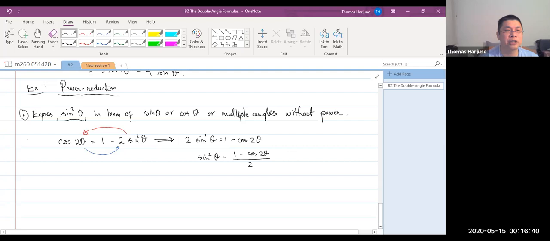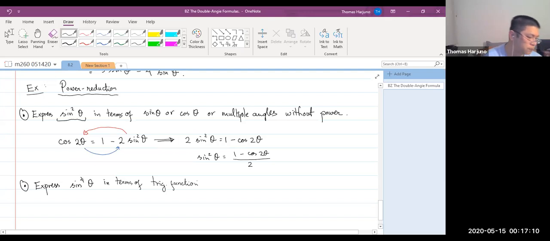What happens if I change the question now into: express sine to the 4th theta in terms of trig functions without powers.